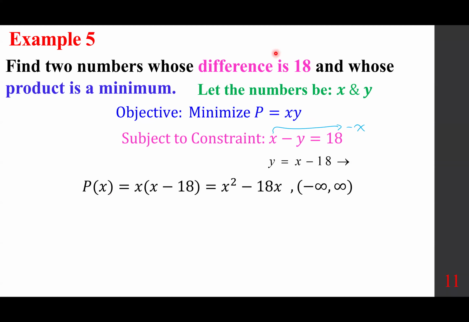Now that we are done with algebra, we want to find the critical point. So P prime is 2x minus 18. Setting it equal to 0 results in 9.